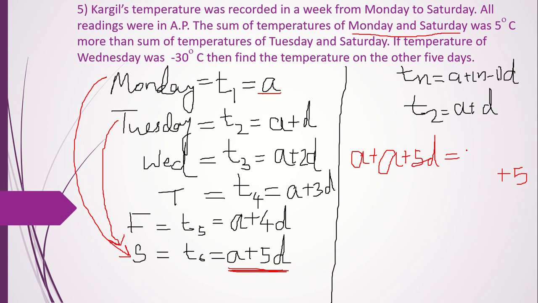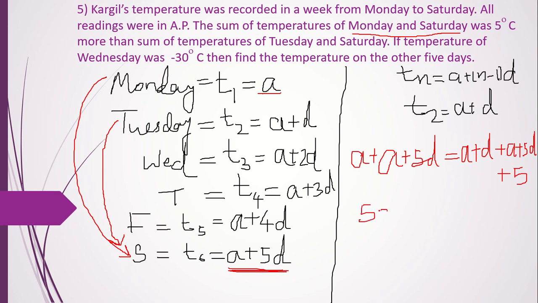Tuesday and Saturday's sum is A plus d plus A plus 5d. I told you earlier in so many sums, 5 degree more means plus 5. Now see here what you will get: A plus A is 2A, and this side also A plus A is 2A. So that 2A will get cut, and this is 5d, and this side we have 5d plus d, 6d.